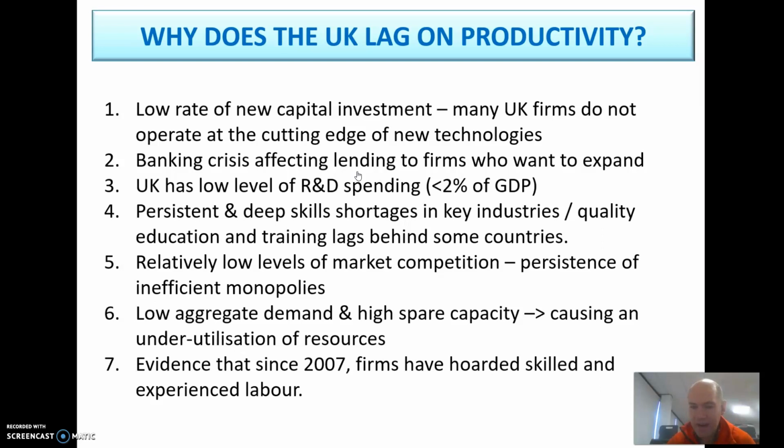And also there's evidence that since the credit crunch of 2007, rather than letting staff go, what a number of firms did was they kept highly skilled and experienced workers, even though maybe the demand wasn't there, hoping that demand would pick up. Now, if you keep workers that you don't need, your output per person is obviously going to be lower. Okay, so an interesting point there.